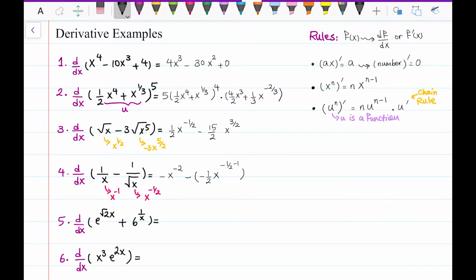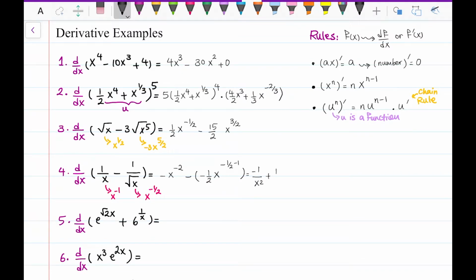Okay, so if I want to simplify that, this would be negative 1 over x squared plus 1/2 x to the power of negative 3 over 2. If I want to bring this down, it would be 1 over x to the power of 3 inside the square root.